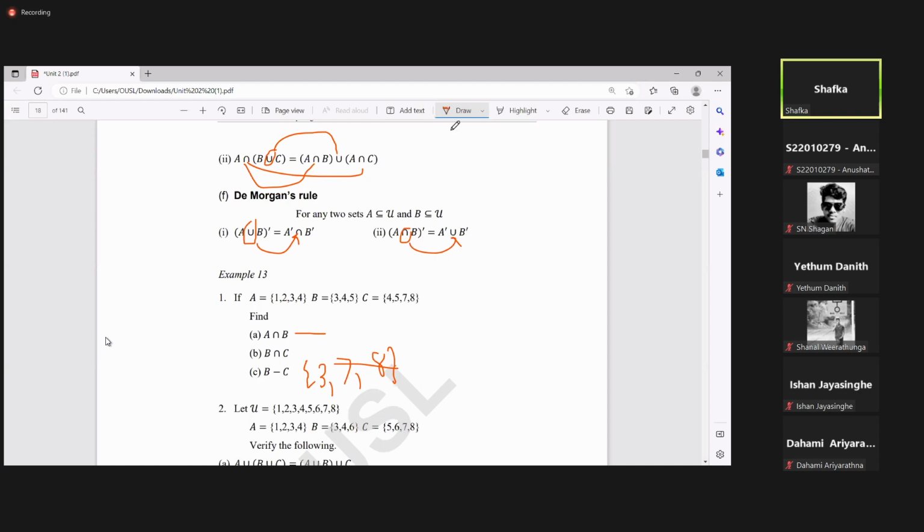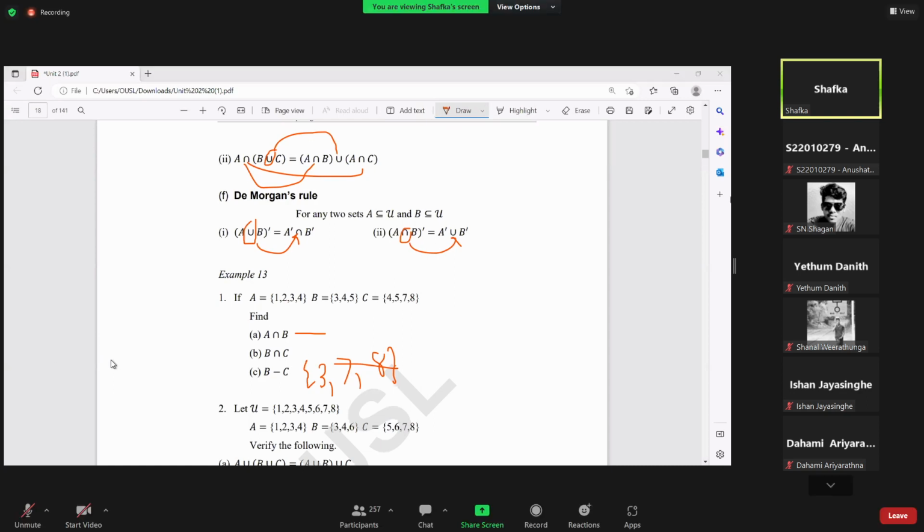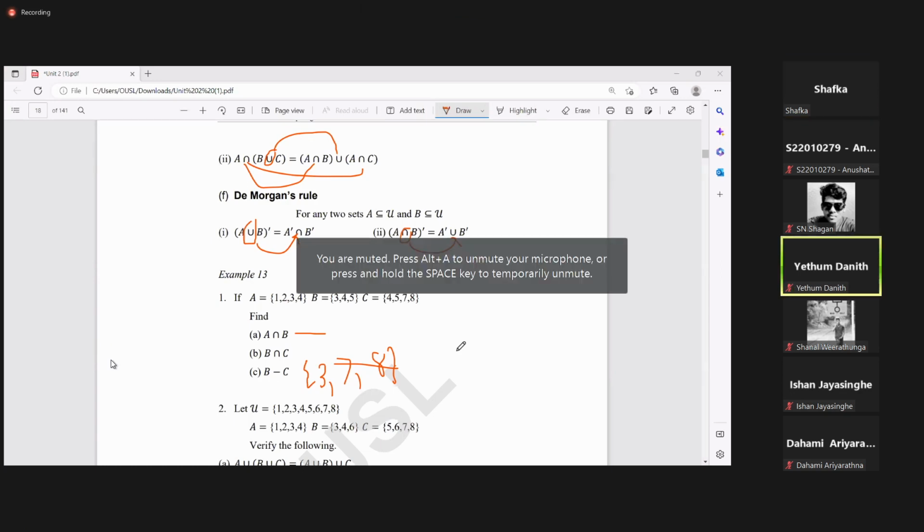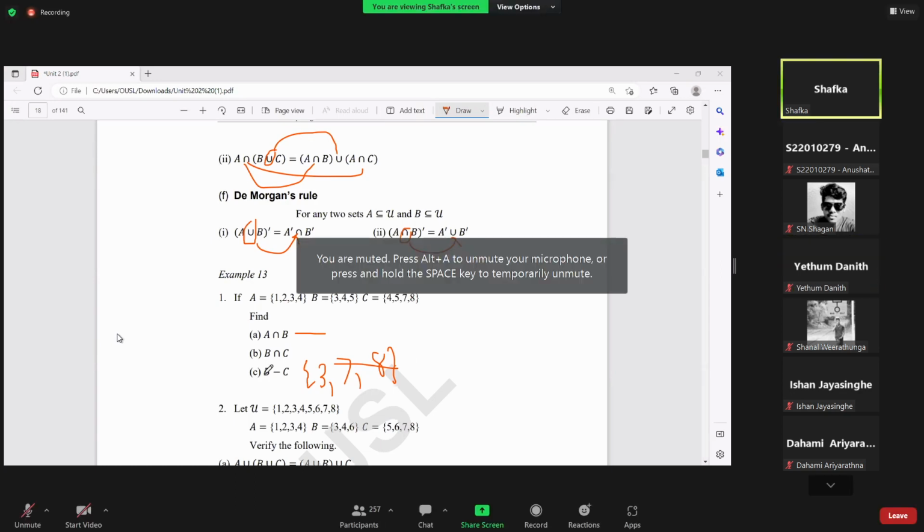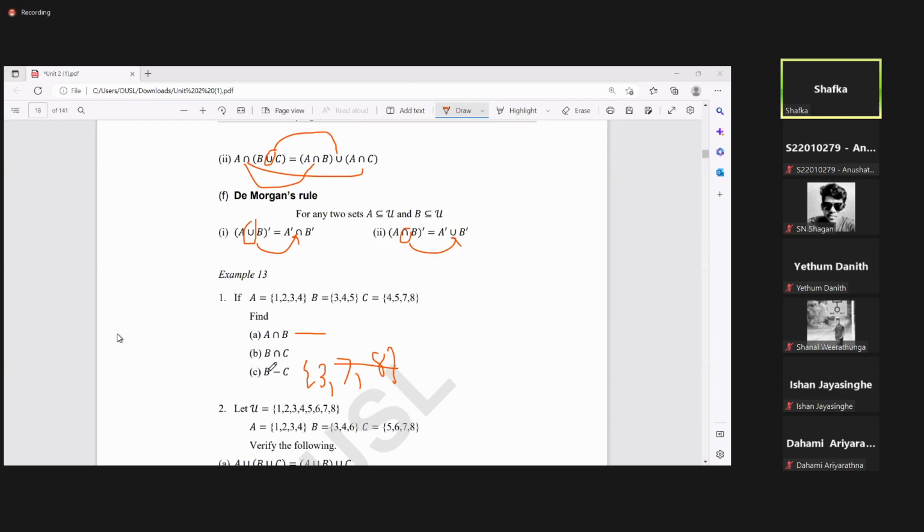Is that clear? By the definition, in B minus C, the element should be in B but not in C. First of all, you have to consider what the common elements of B and C are.